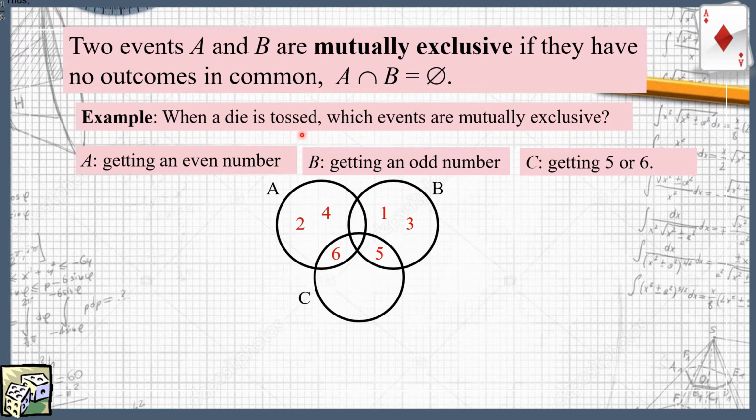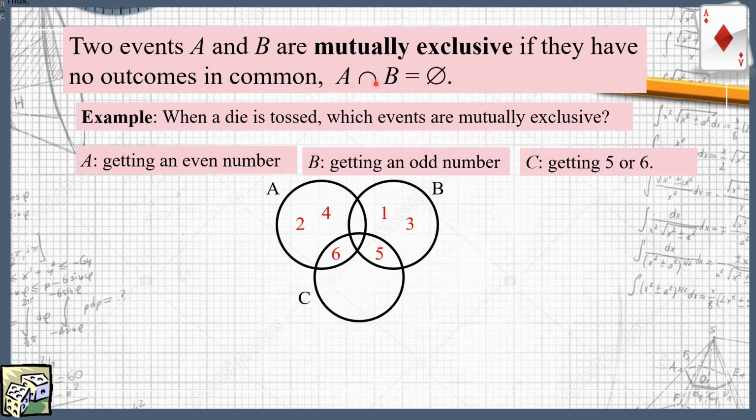Nag-toss tayo ng die. Yung unang set is getting an even number. Sa pangalawang set or si set B is getting an odd number. Si set C naman is getting 5 or 6. So, alin dito sa tatlong set na to yung considered as mutually exclusive event? Is it A and B, B and C, or A and C?